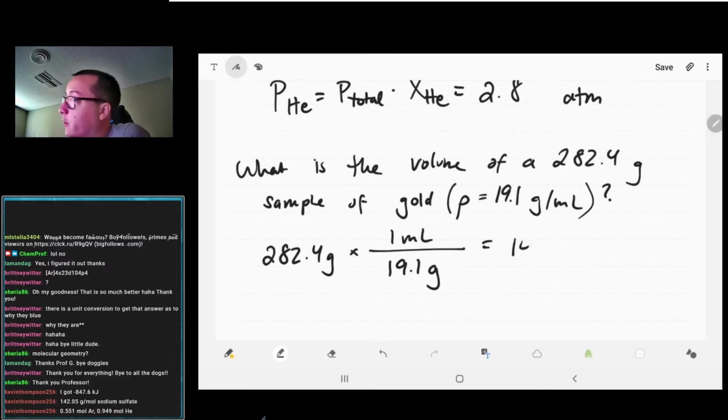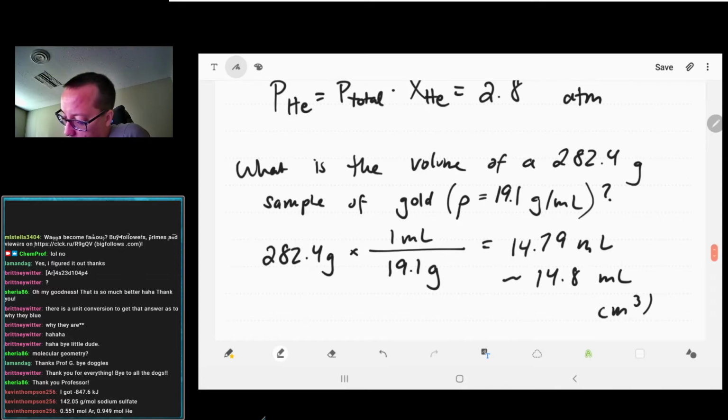We get that the volume is 14.79 mL. I guess we'll need 3 sig figs, so 14.8 mL. Hooray! Remember that that's the same thing as a cubic centimeter. Doesn't matter which unit. I guess in this case we're not even given a unit that we're looking for, but you would be able to convert that unit depending on what you had. So cool. Hooray.